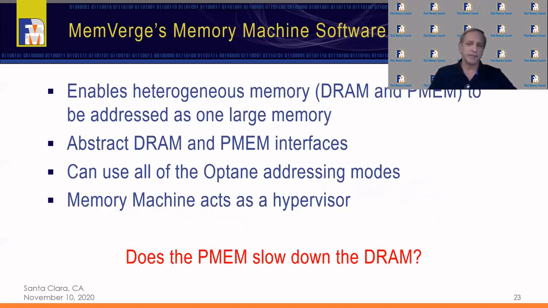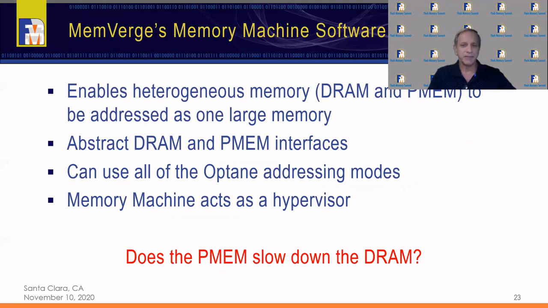Memverge is also speaking in this session. They've created a new hypervisor for heterogeneous memory. Their memory machine hypervisor abstracts the DRAM and PMEM interfaces so the heterogeneous memory can be addressed as one large memory. It can use all of the Optane addressing modes without requiring application software changes.